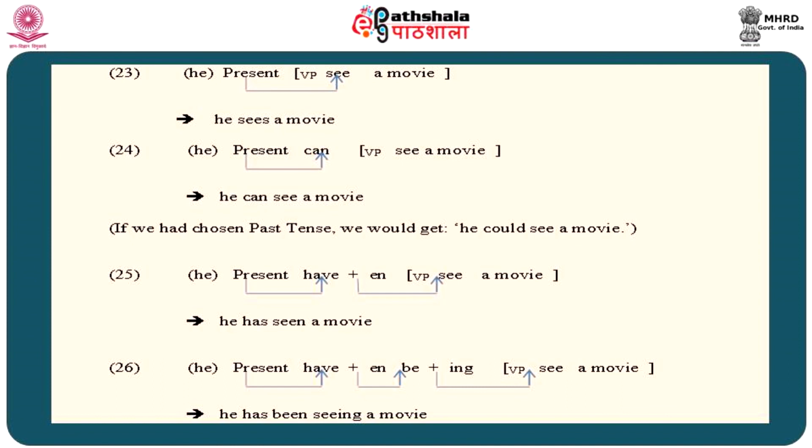Present have n, be plus ing, and then see a movie. So the n of have moves to the position after be, and the ing moves to the position after see. Thus we get he has been seeing a movie.